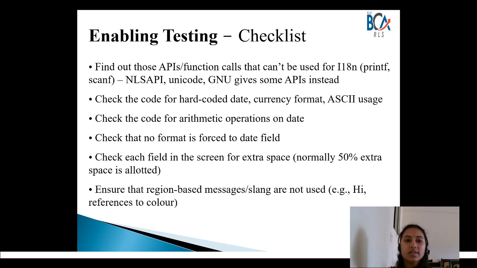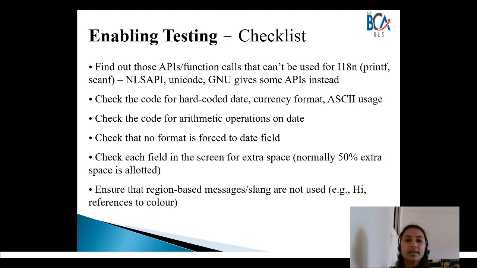You have to first find out those APIs or function calls that can't be used for I18n, like printf and scanf statements. Unicode and GNU give some APIs instead of them. Check the code for hard-coded dates, currency formats and ASCII usage.